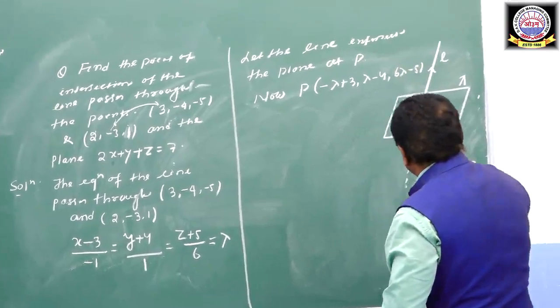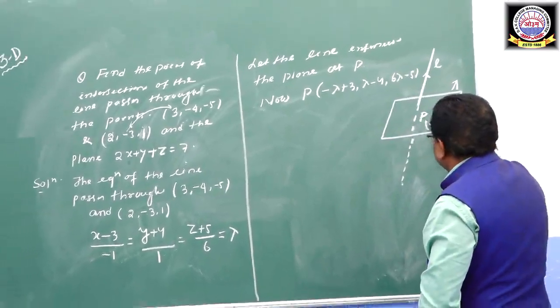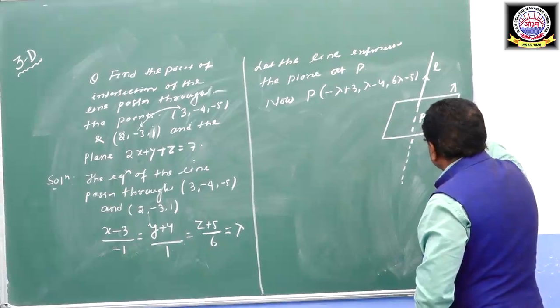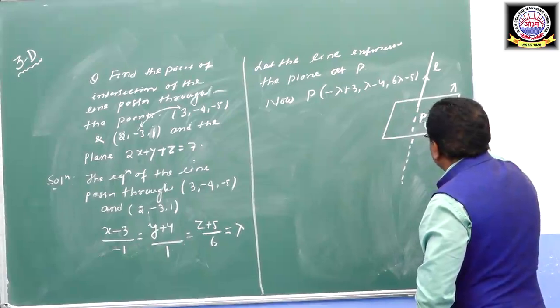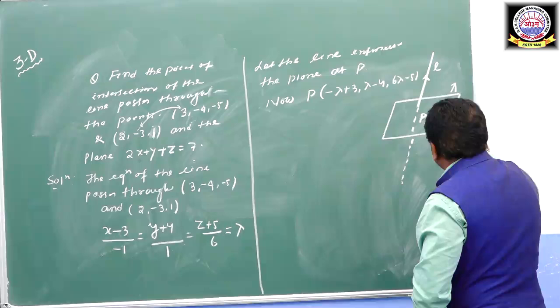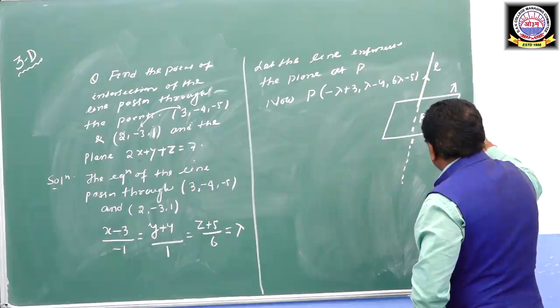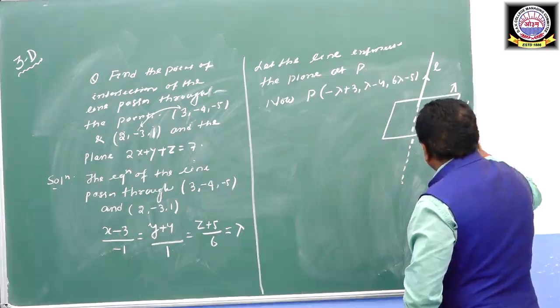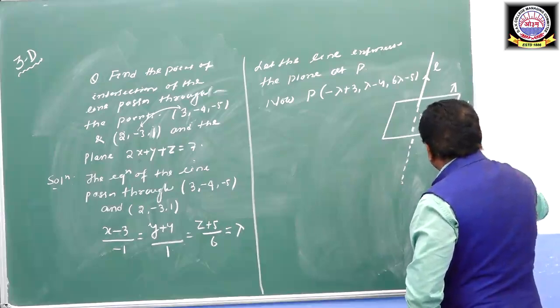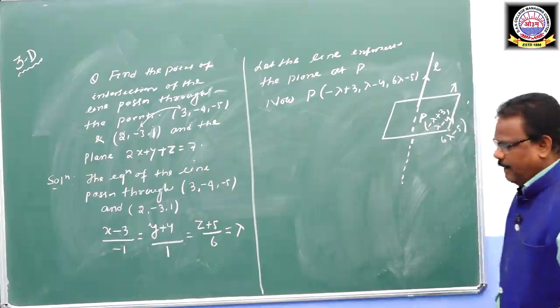So the coordinates of the point are: once again I am writing here, minus lambda plus 3, then lambda minus 4, then 6 lambda minus 5. These are the x coordinate, y coordinate and z coordinate.